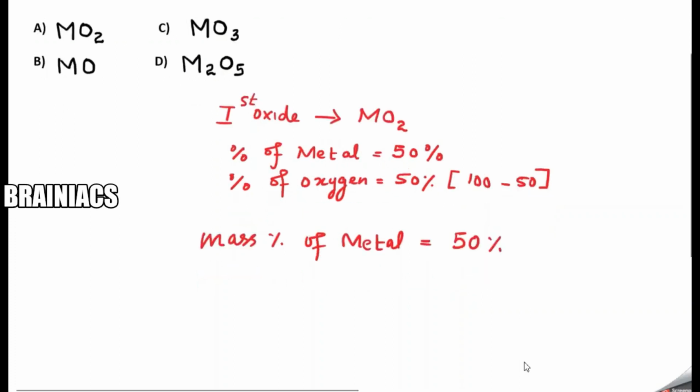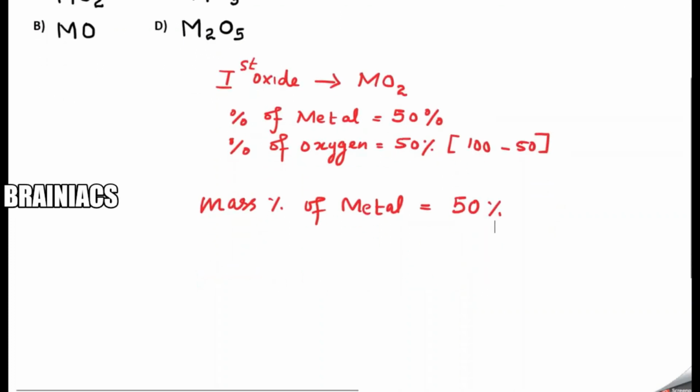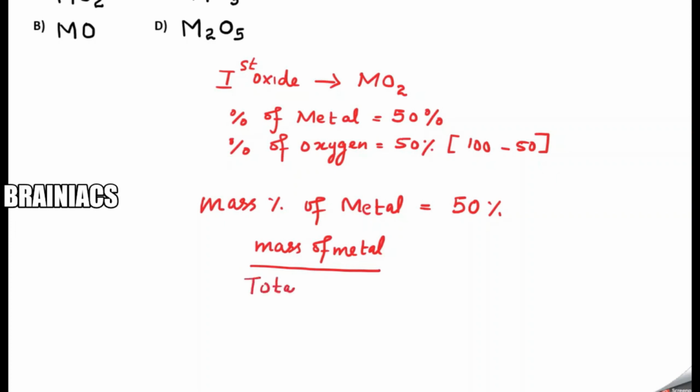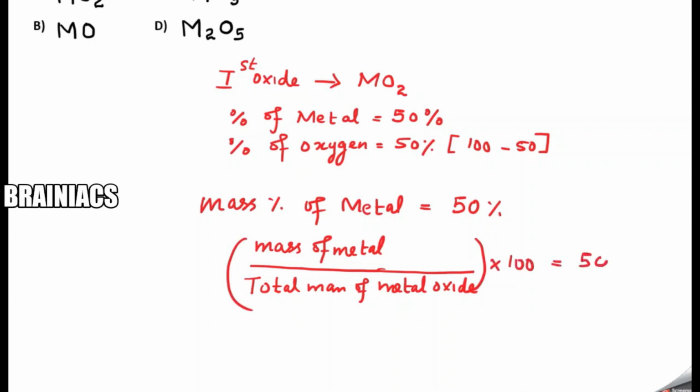So let me write. I can say mass percentage of the metal can be written as mass of the metal divided by total mass of the metal oxide, into 100, which will give me the mass percentage value 50.